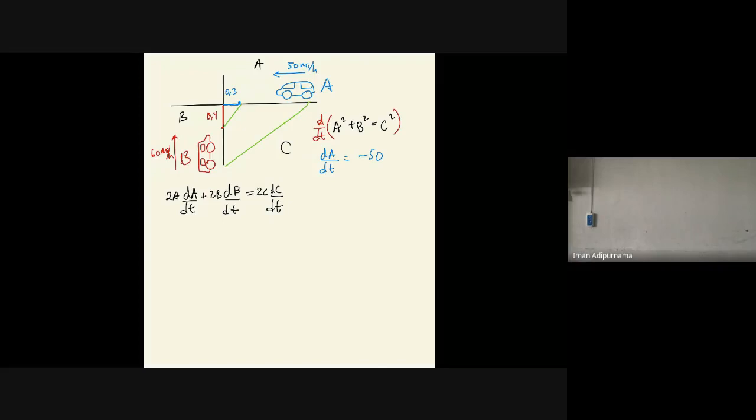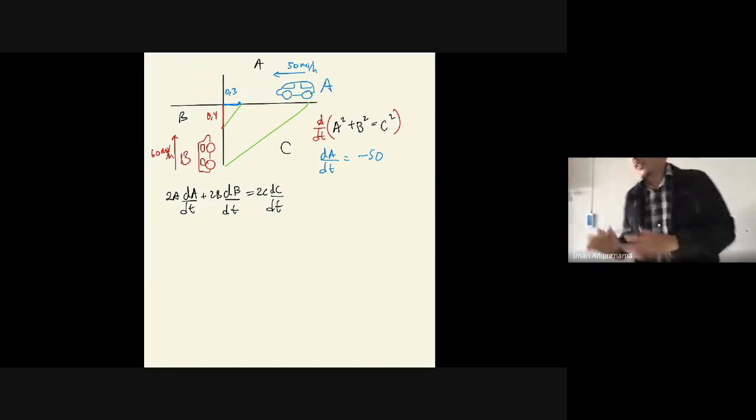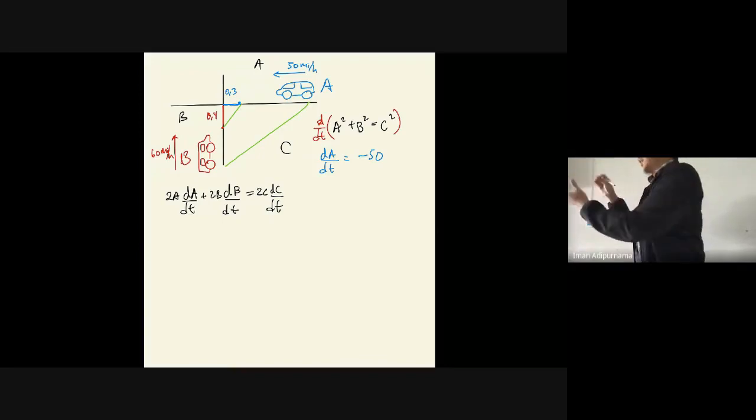But if you want positive, that's also fine. Because if this is positive, the other will be positive, and the answer will be positive. But if negative, because this is also shorter, the answer should be negative, meaning it's getting shorter. So don't worry too much about the signs. As long as you understand the logic and you are consistent in all your questions, the number should be the same.